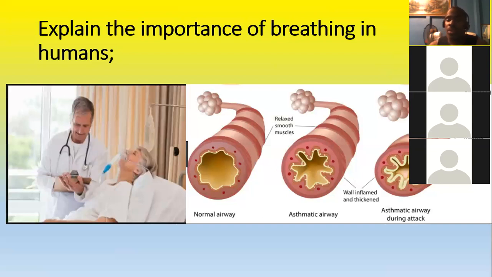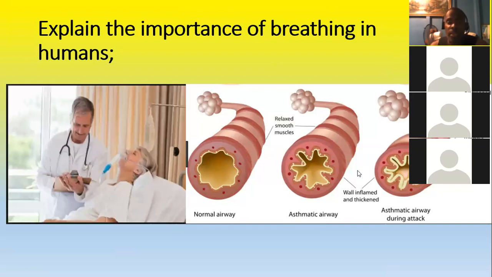Now, as you can see, in a normal airway, the space is much wider. And once you start to have the attack, you realize that the person is going to breathe much harder because they don't have sufficient oxygen coming in. This is the reason why they breathe hard, because the airway gets what?